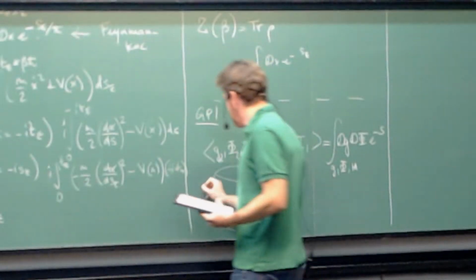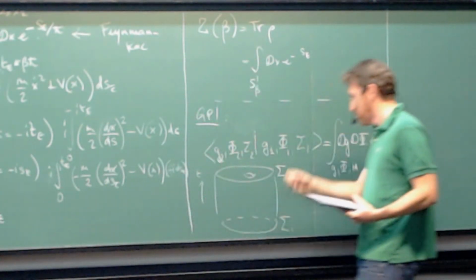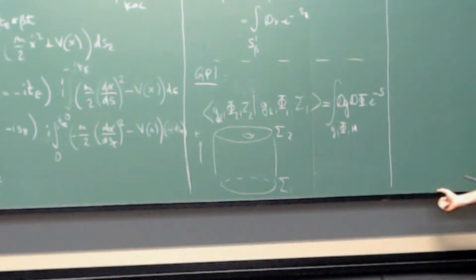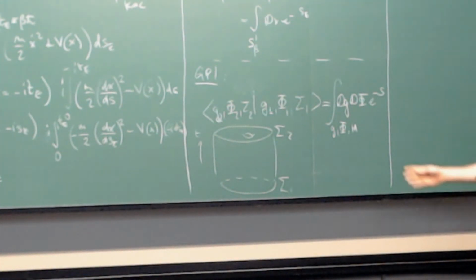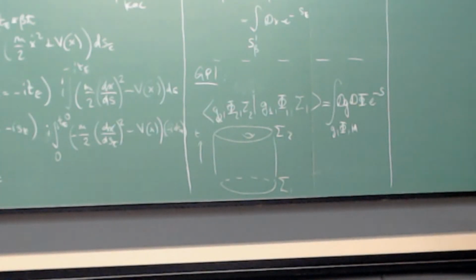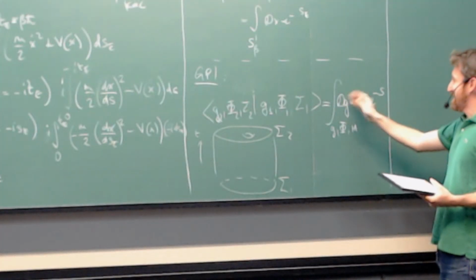So time goes in the upward direction. You should say that this is garbage, as the French say, in the sense that I don't know how to define any of these.